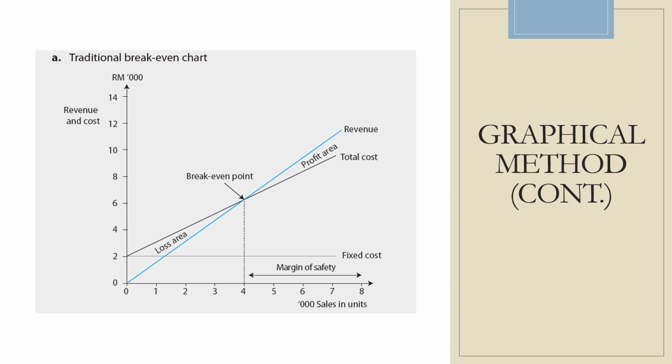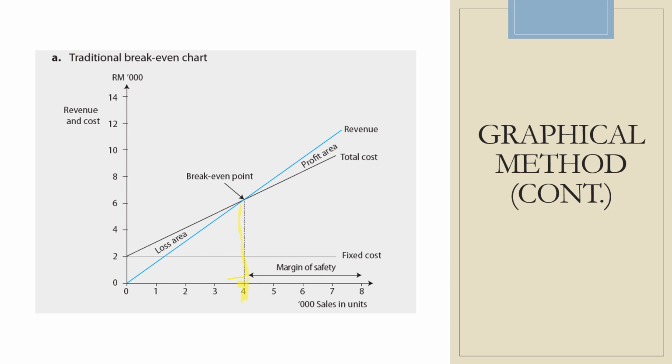Okay, now let me see this one. So the break-even point is where the total cost line intersects the total revenue line. So at this point, the total cost is equal to the total revenue. From the chart, the break-even point is at 4,000 units.